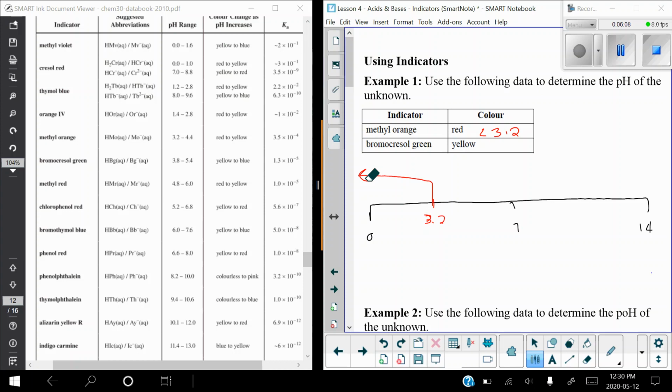The next one we're going to pick, we have bromo-cresol green. I look down, it is right under methyl orange, and its range is 3.8 to 5.4. And it turned it yellow.